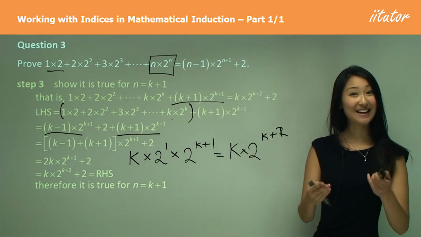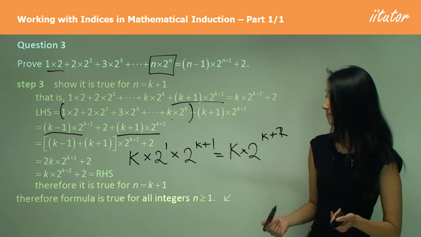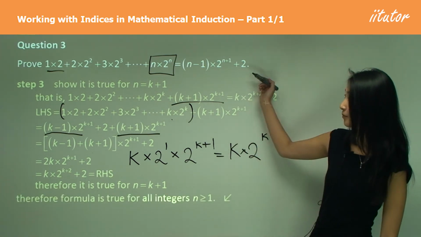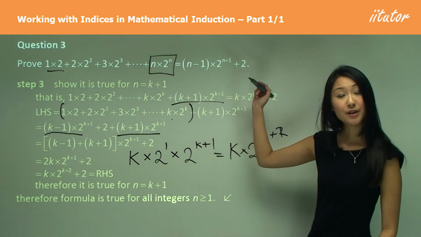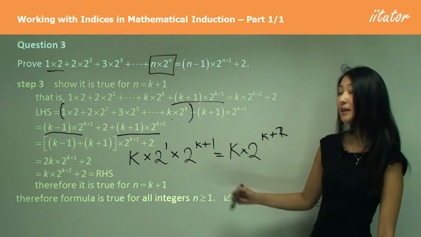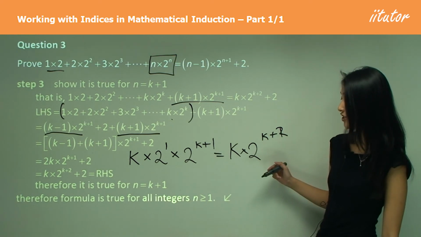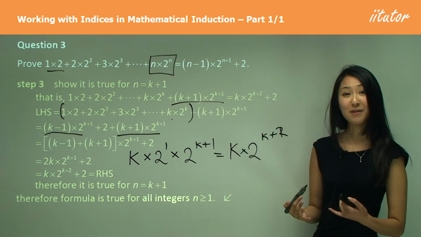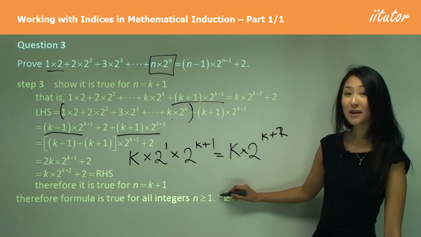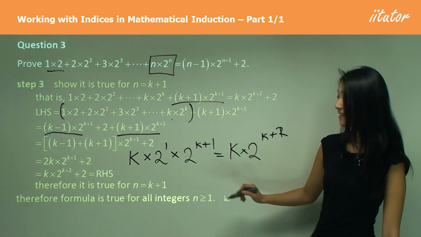So now we need our conclusion, which is therefore the formula. In your exam you would prefer to write this out in full. So therefore this is true for all integers n greater than or equal to 1. So remember how I taught you to always check, was the initial value n equals 1? Yes? Good.